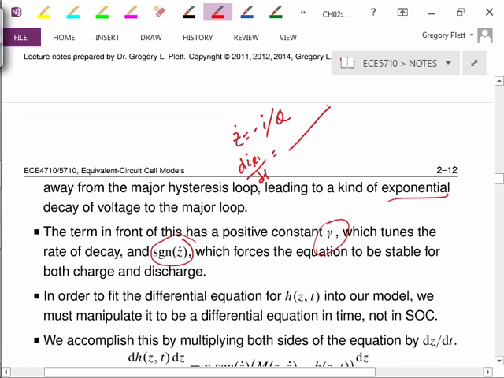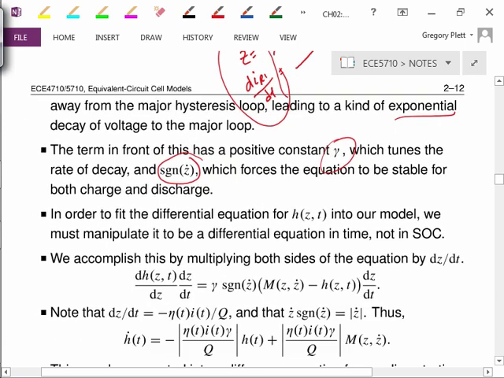But our hysteresis equation so far is not. It's a differential equation, the derivative of h with respect to z. And in order to fit hysteresis into our model, we have to manipulate the equation to be a differential equation in time to match in concept the equations we already have.